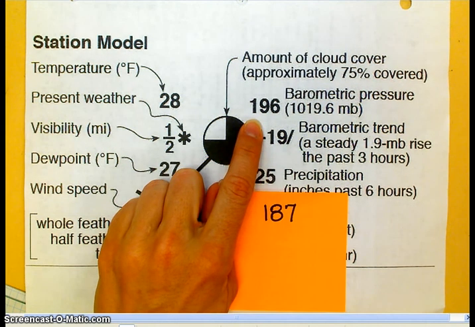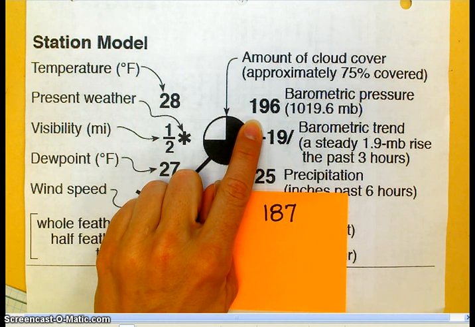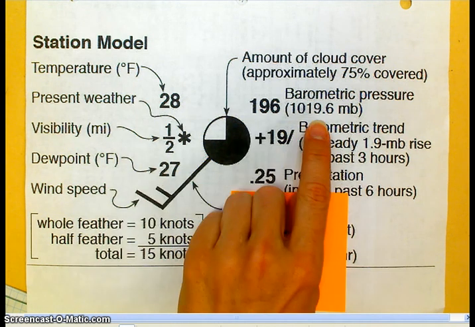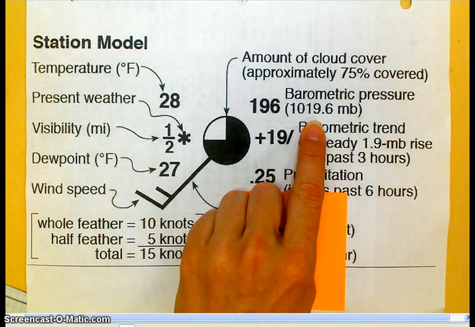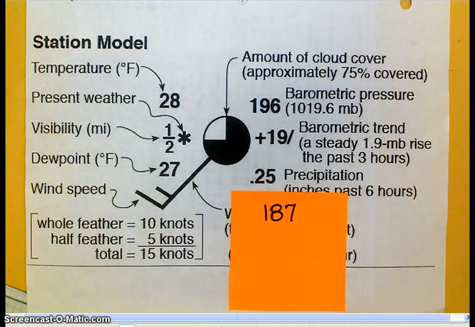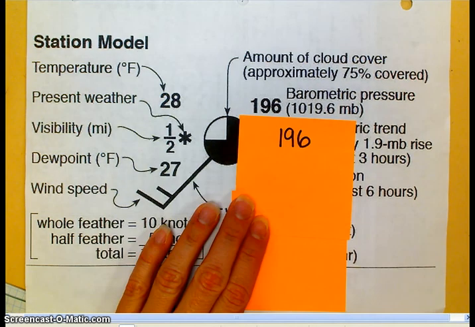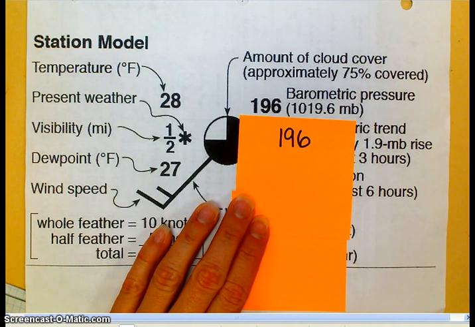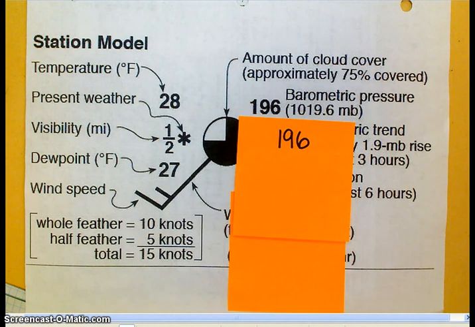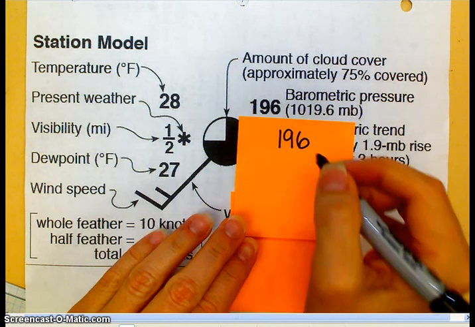Up here in the example is 196, which stands for a barometric pressure reading of 1019.6. Okay, the first thing that you need to do, the first thing that I'm going to do with the 196 is I'm going to put the decimal back in it.